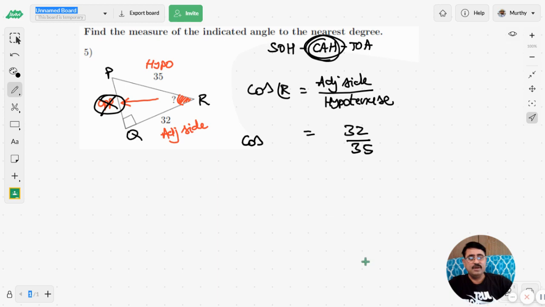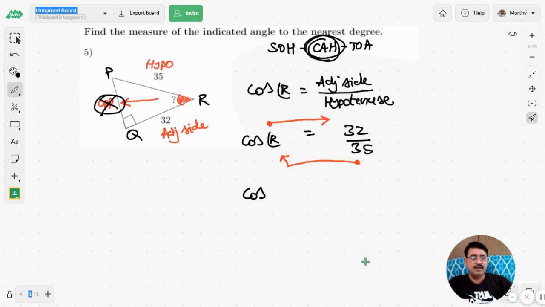Then cos angle R. In case the angle is missing, what you have to do is this angle is to be taken to the other side. You have to bring the values given here to this side. Okay, so let me rewrite that.